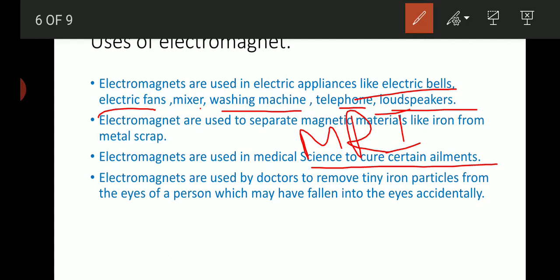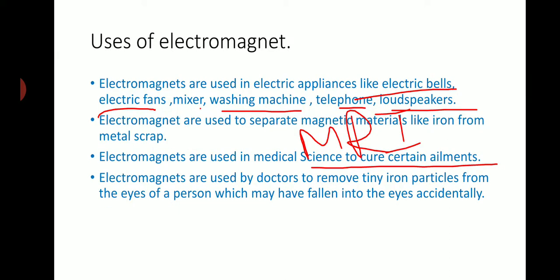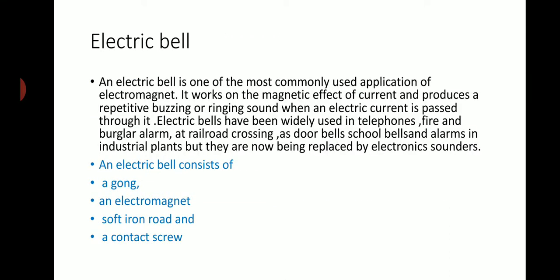And sometimes when an iron particle falls in our eyes, then the doctor removes the tiny iron particle from the eye with the help of electromagnets. And nowadays electromagnets are very much in trend, but we have been using them from very ancient times. Now let's discuss the electric bell.